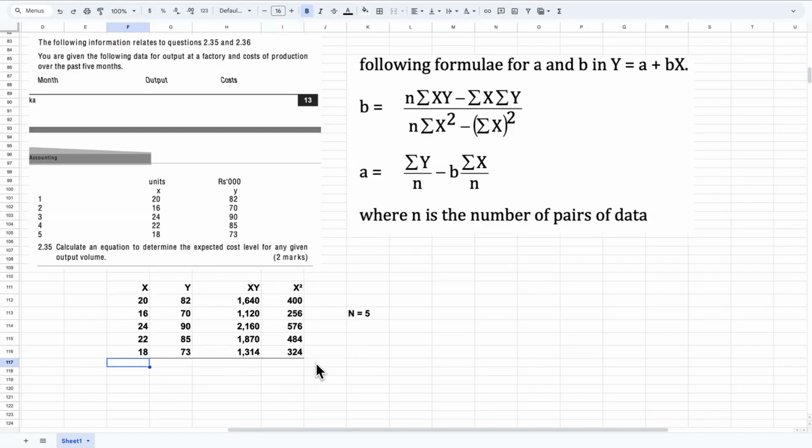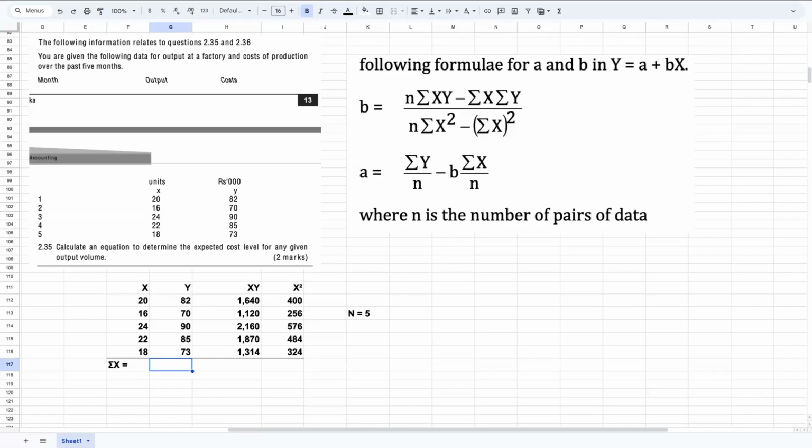Now we have to identify the sigma values only right now. So sigma x we have to know, then sigma y we want to know, then sigma xy we have to calculate, then sigma x squared we want to know.